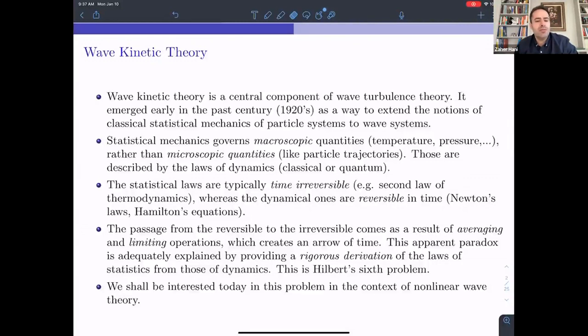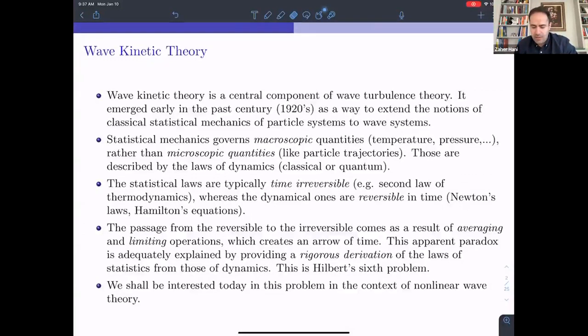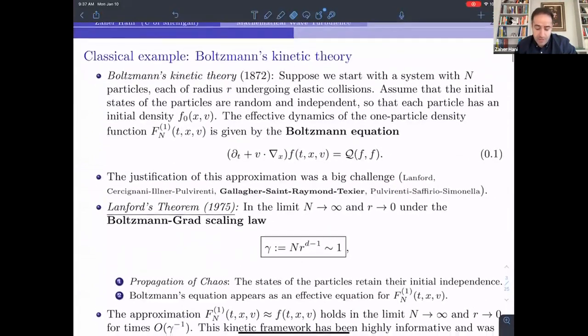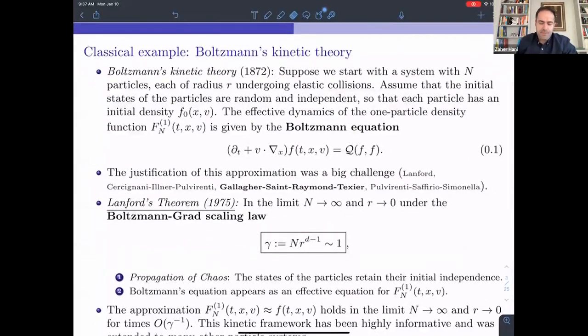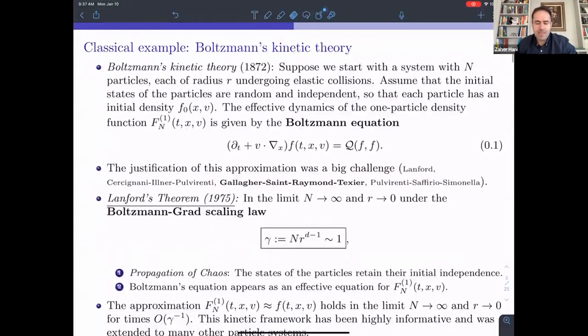But before I move on to nonlinear waves, let me give a very quick recap of the classical example, which is Boltzmann's kinetic theory. Eric's talk in the morning was a very good introduction to that as well.